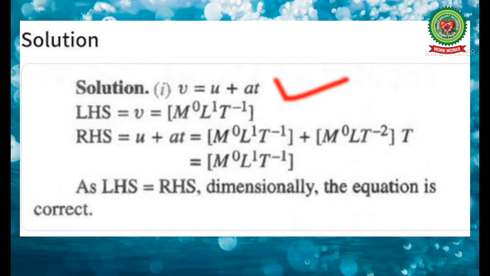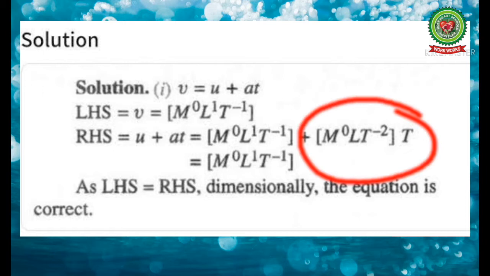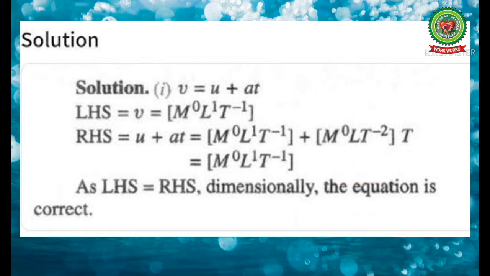Children, as we know, v equal to u plus at. V is velocity and has dimension of LT minus 1. Students, I hope you have learnt all the values of these quantities. Now right hand side is u plus at. U is again velocity, so its dimensional formula is LT minus 1, plus a is acceleration, its dimensional formula is LT minus 2, and t has dimensions M0 L0 T1.